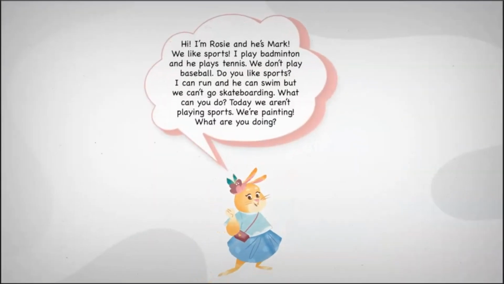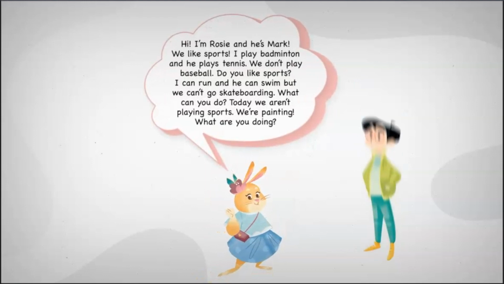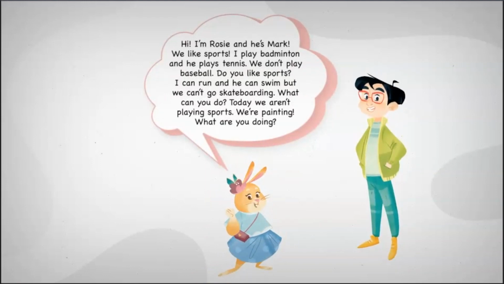Hi, I'm Rosie, and he's Mark. We like sports. I play badminton, and he plays tennis. We don't play baseball. Do you like sports? I can run, and he can swim. But we can't go skateboarding. What can you do? Today, we aren't playing sports.